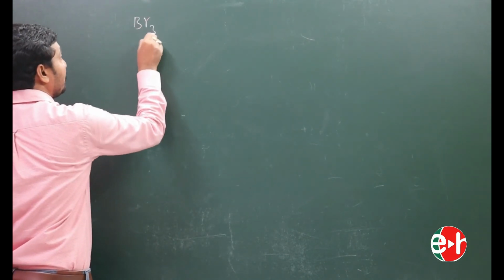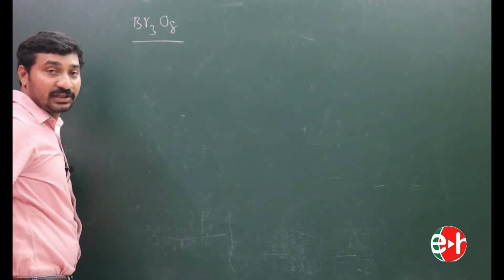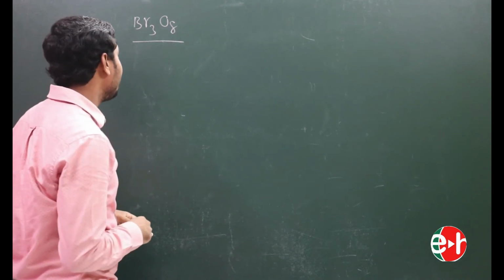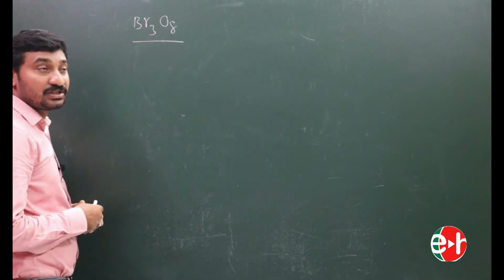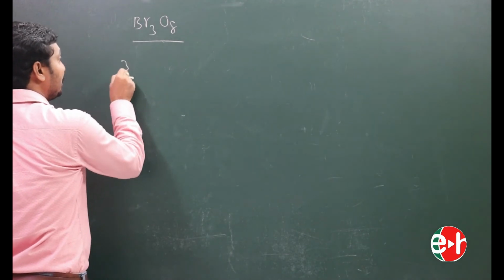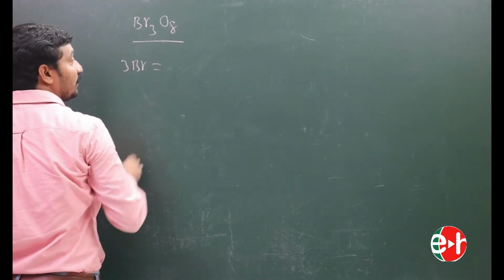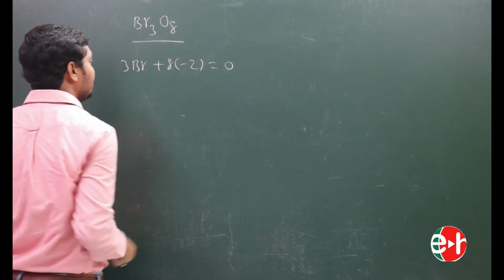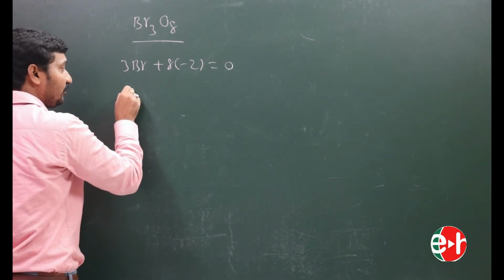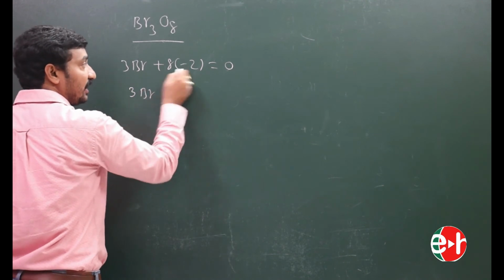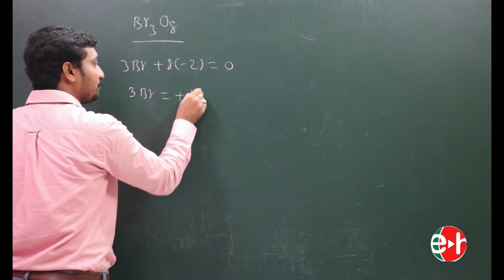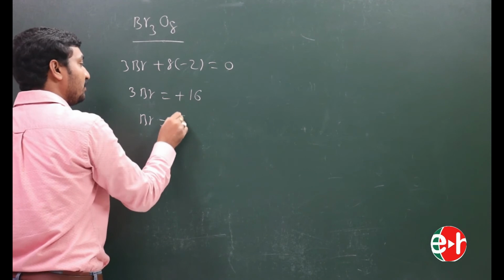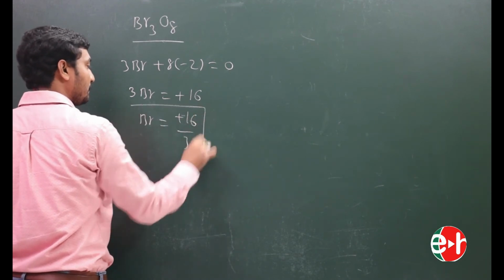Br3O8. In Br3O8, what is the bromine oxidation state? Average oxidation state of bromine. See, 3 bromines plus 8 oxygens, 8 into -2, is equal to 0. Then 3 bromine is +16, so bromine is +16/3.